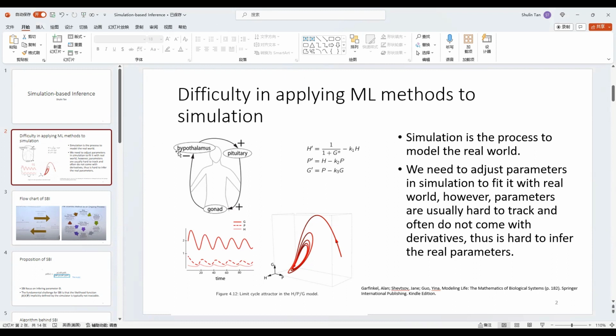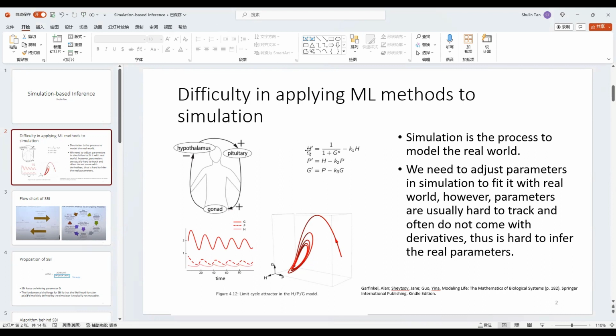Such as this one, this is the cycling of three hormones, P, H, and G, in the human body. With tons of observations, we can get the relation of how the derivatives of these three hormones change.